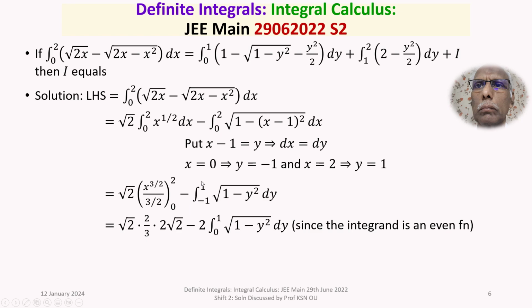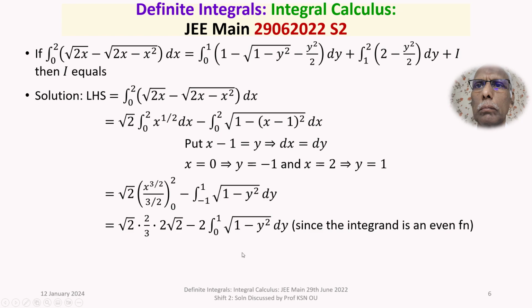So the integral from minus 1 to plus 1 will become 2 times the integral from 0 to 1. And as I have already told you while seeing that question, in every option this integral from 0 to 1 of the square root of 1 minus y square dy was appearing.